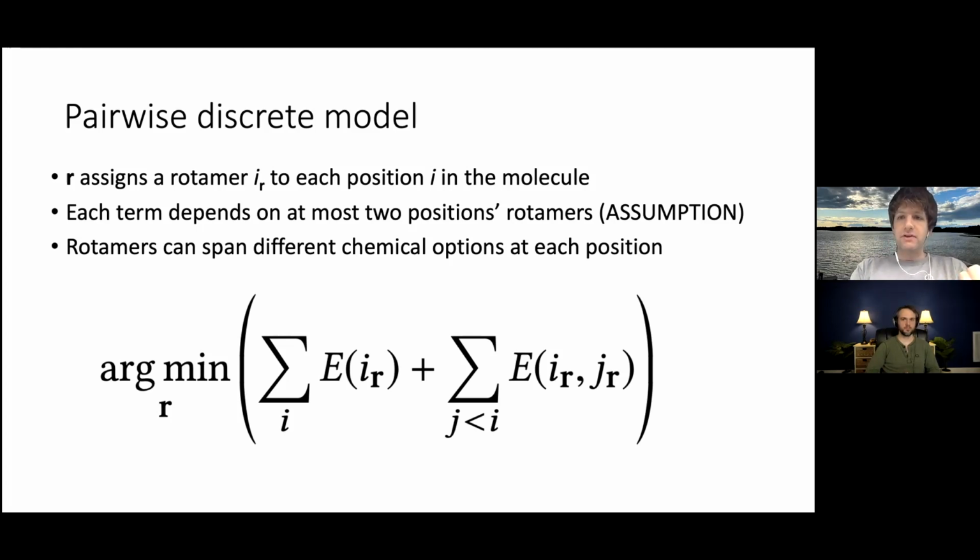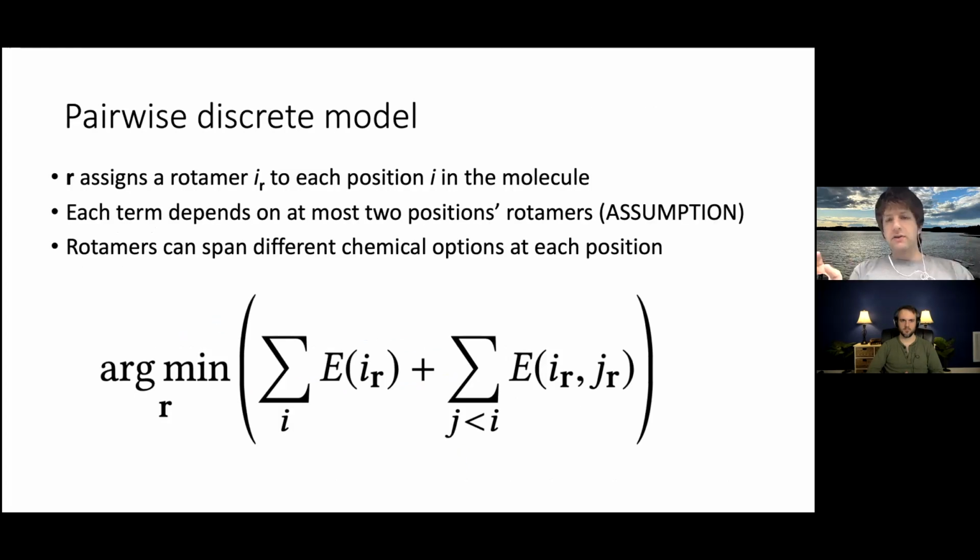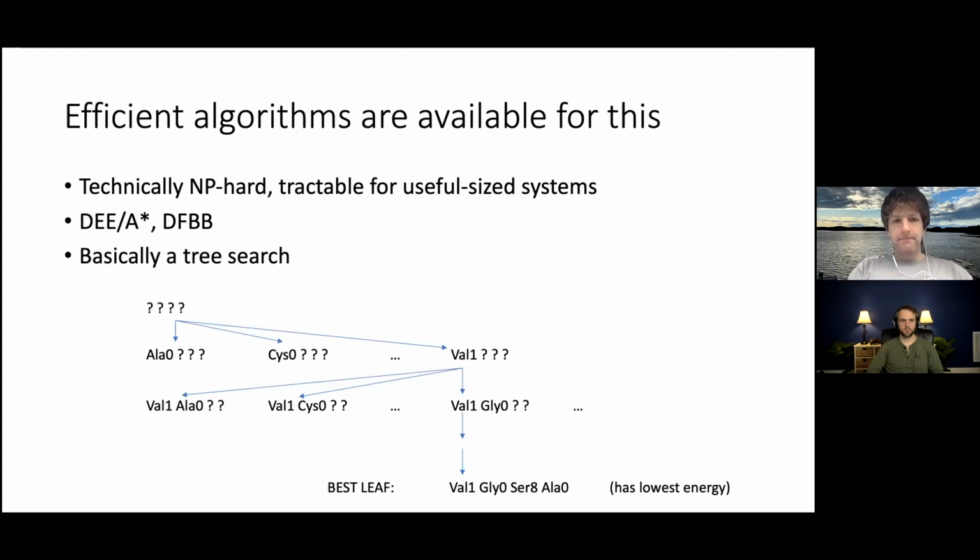You don't necessarily need continuous minimizers like gradient descent, and you can tackle it with tree searches. The problem is, technically it's NP hard, the way I have it here. You could think of E values where the cost would, at least to our knowledge, have to go up exponentially. But generally, I think this is tractable for useful size systems, at least for the kind of stuff that we usually do, where we're looking at an active site of a protein.